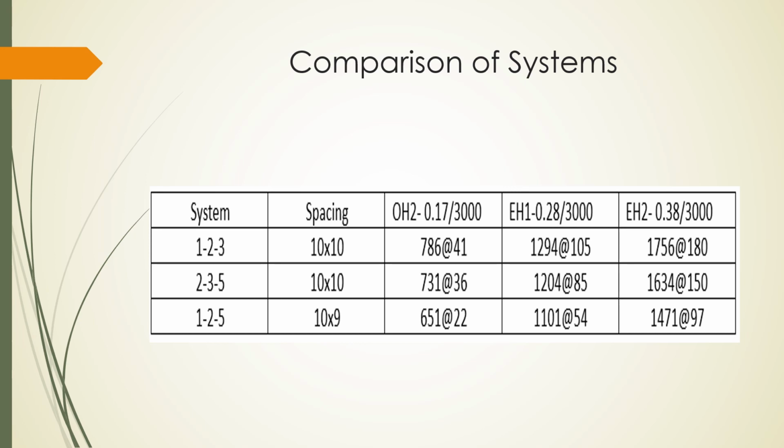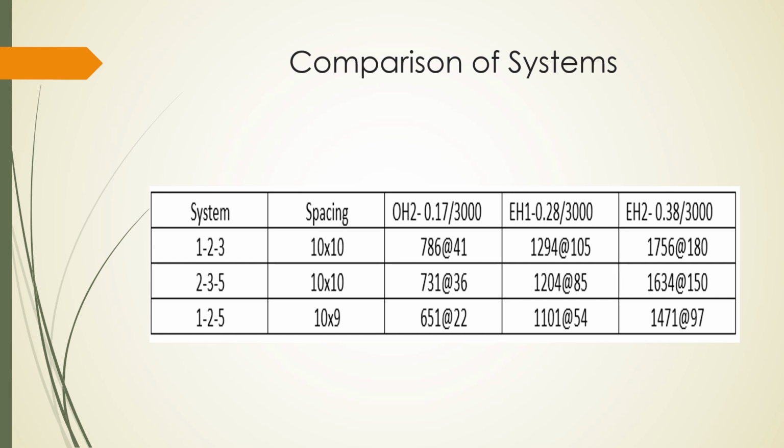We need less water and less pressure. And with the 1-2-5 system and the much larger piping, the spacing is 10 by 9, but for the purposes of this, it's not going to make that much difference. We need 651 gallons at 22, a considerable difference from the 786 and the 41. So that's for this moderate combustible loaded occupancy.